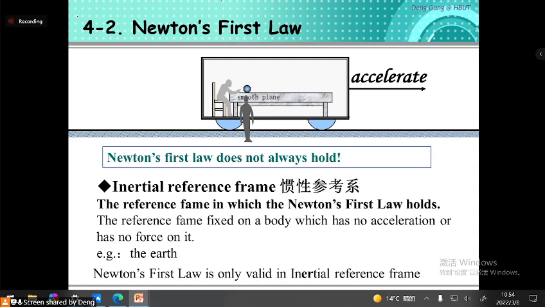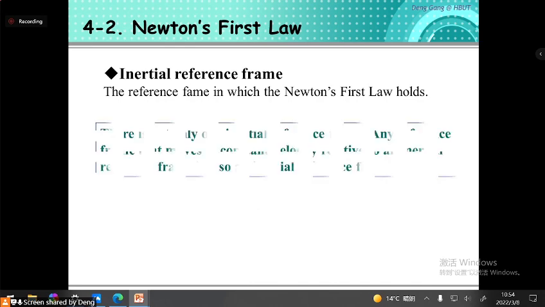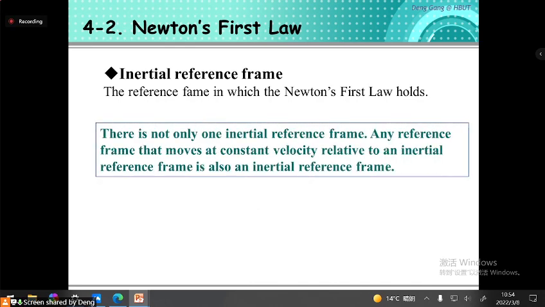So Newton's first law is only valid in an inertial reference frame. But there can be several reference frames in which Newton's law holds. This inertial reference frame is not the only one.